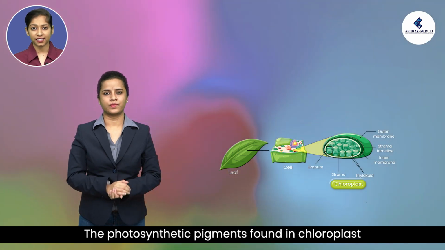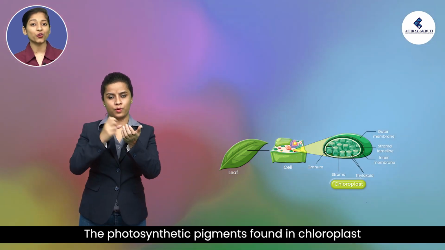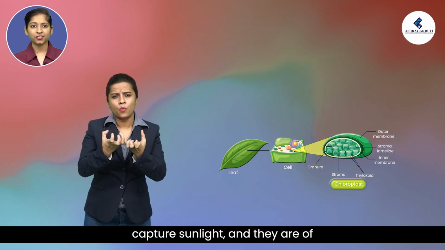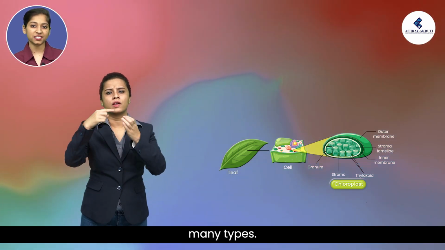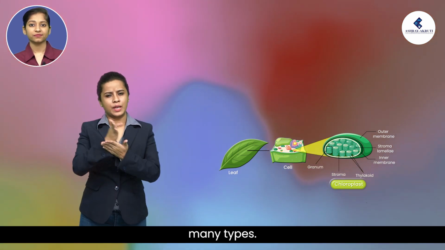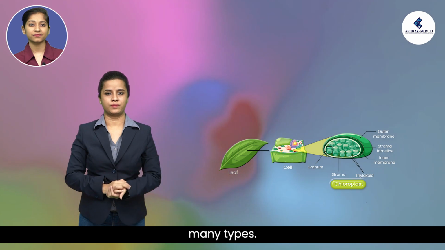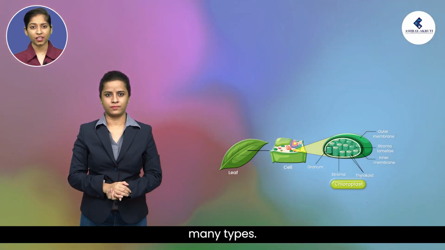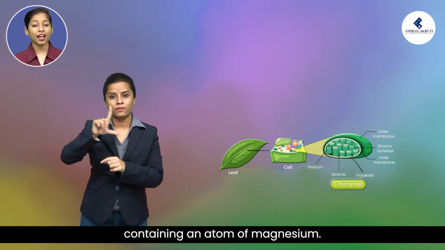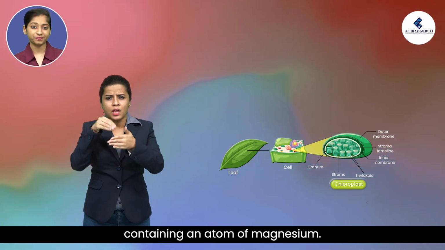The photosynthetic pigments found in chloroplast capture sunlight, and they are of many types. Chlorophyll is a pigment containing an atom of magnesium.